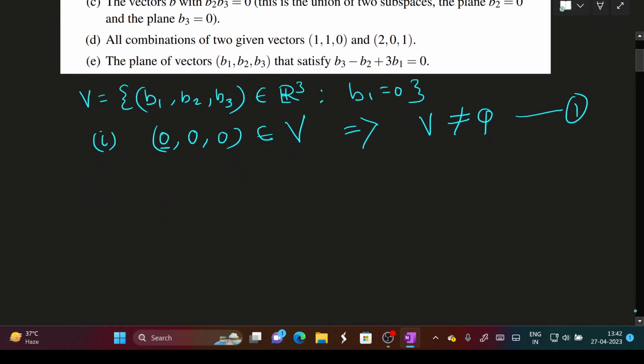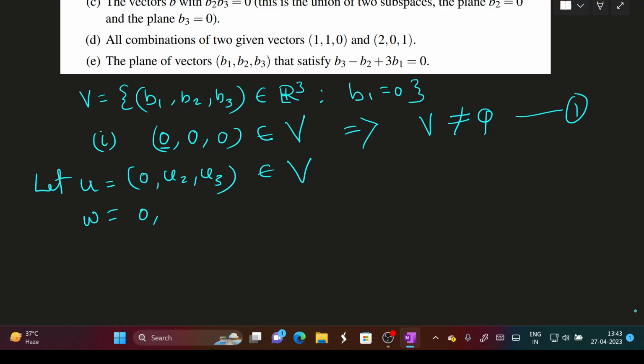Next property we will go for. Let U be equal to (0, U2, U3). Clearly its first component is also 0, it belongs to R^3 and it belongs to V. And similarly, W is equal to (0, W2, W3).